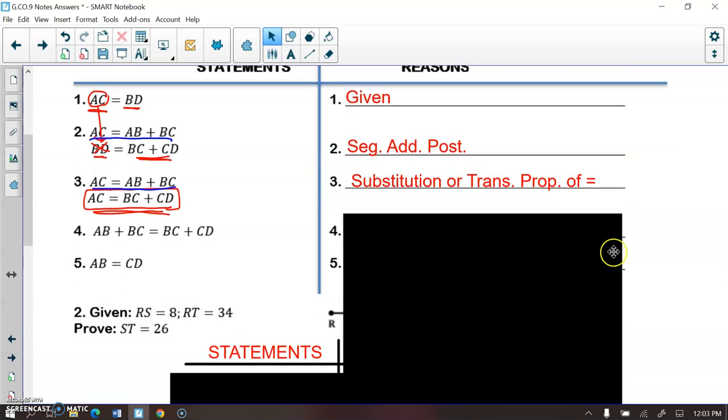Now, looking at step 3 and step 4, there are two ways of looking at this. In step 3, since AC is equal to both of these things, I can set both of those things equal to each other using the transitive property of equality.